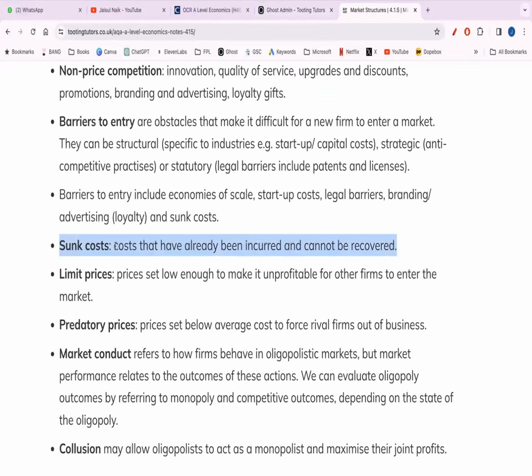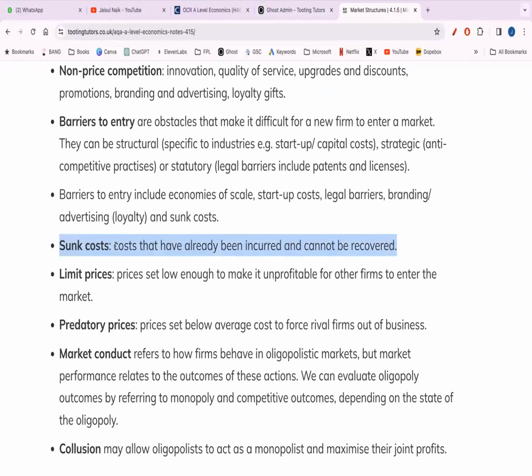But then these two are more like intentional. So limit pricing is also legal. It's when you purposely set prices quite low so that it's profitable enough for you, but not profitable for someone new to start.